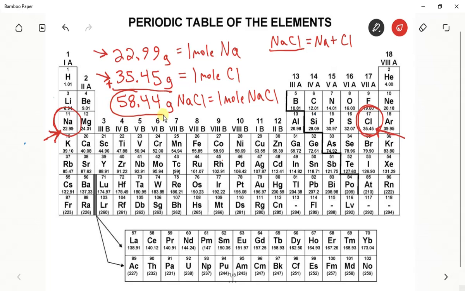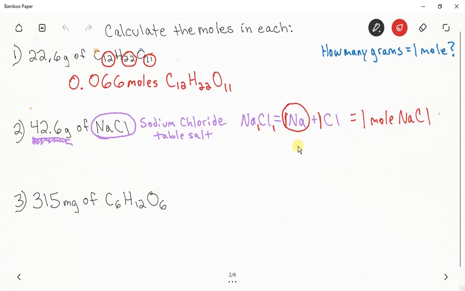So let's take this answer, this 58.44, back to our worksheet. And so we have 58.44 grams of sodium chloride equals 1 mole of sodium chloride.